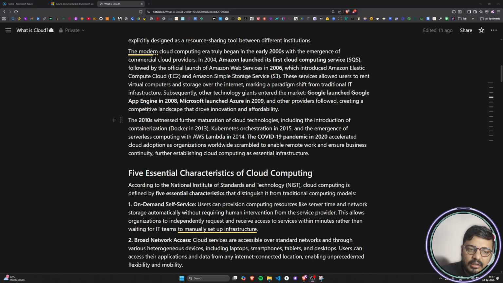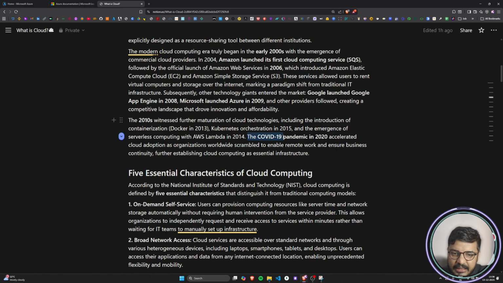Once your job is done, that server will go down again, and if you have run that server for half an hour, you will only be charged for that half an hour of running the server. So with all these advantages, like less complexity and flexibility, these cloud providers grew in a very short period of time.